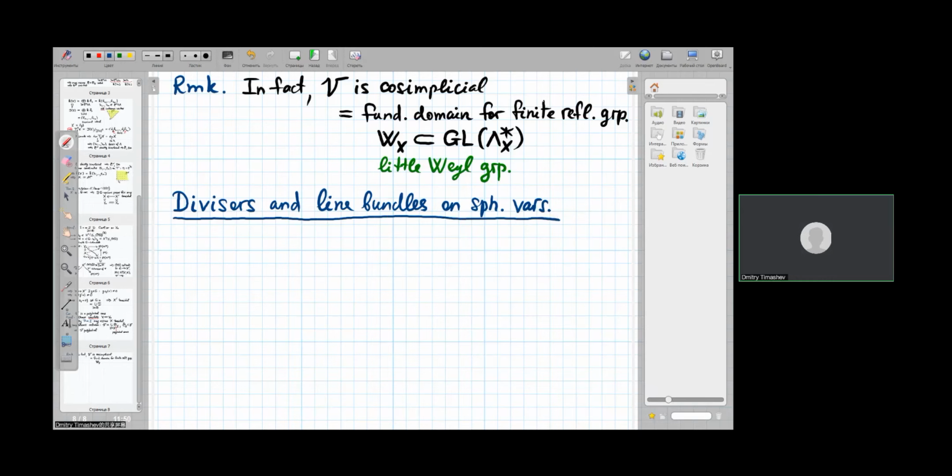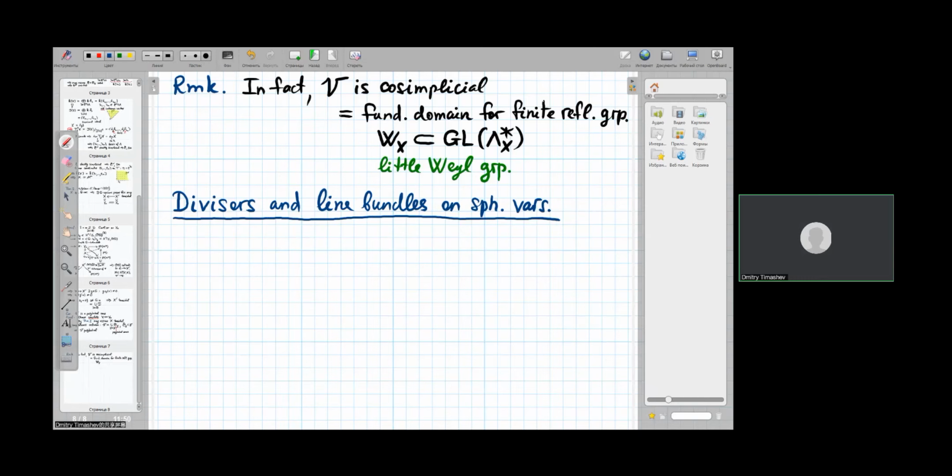This theory is actually well developed, mainly by the work of Michel Brion. For instance, one can prove that each divisor is equivalent modulo principal divisors to a B-stable one. There are criteria for a B-stable divisor to be Cartier or ample. There is a presentation for the Picard group of a spherical variety by generators and relations, and so on.